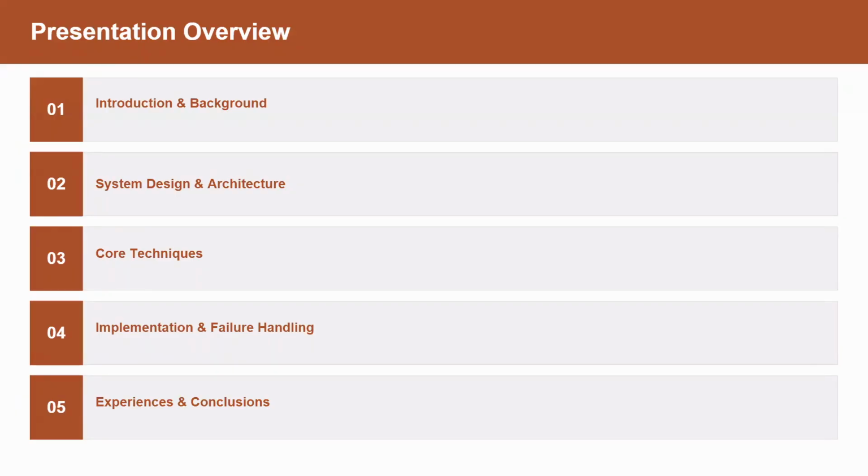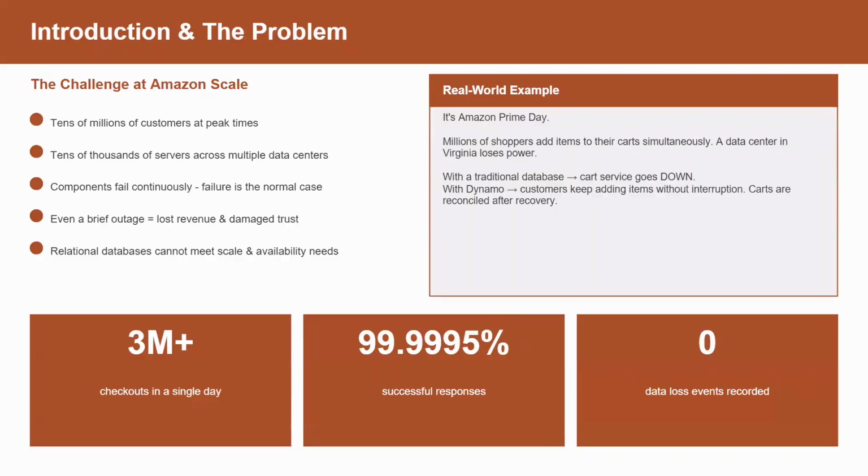Then we talk about the overall architecture. Then we move on to the core techniques used in Dynamo to meet the expectations. And then we talk about Amazon's experience using Dynamo in their production environment.